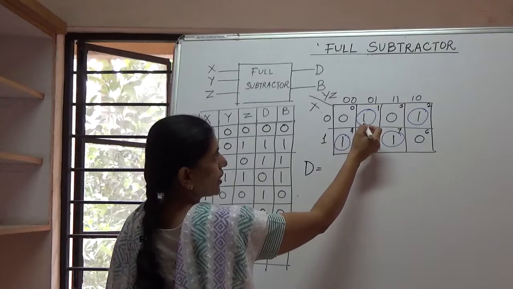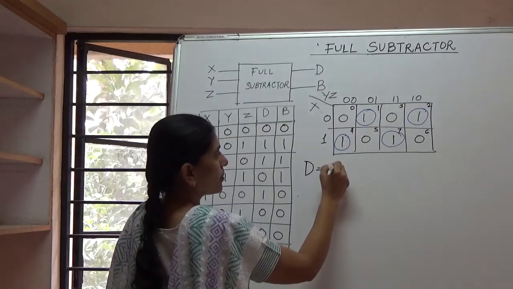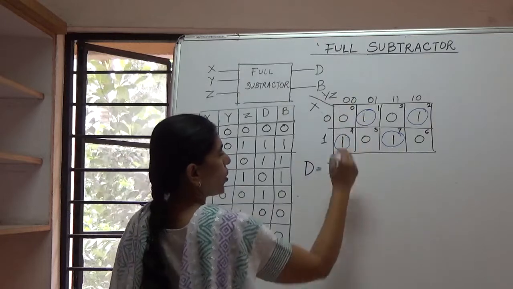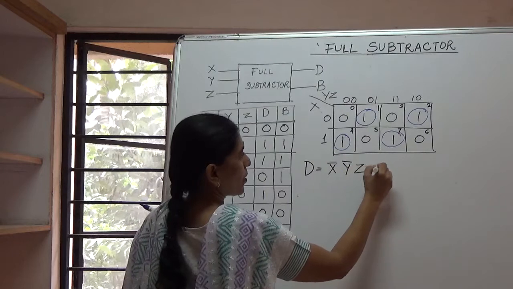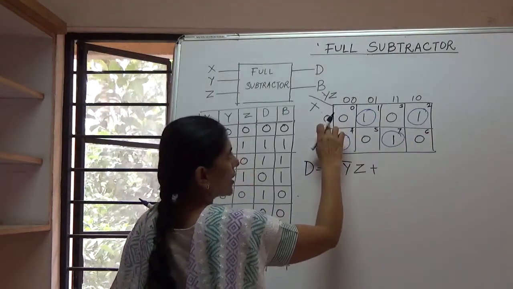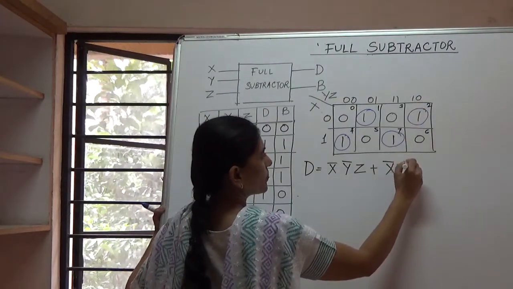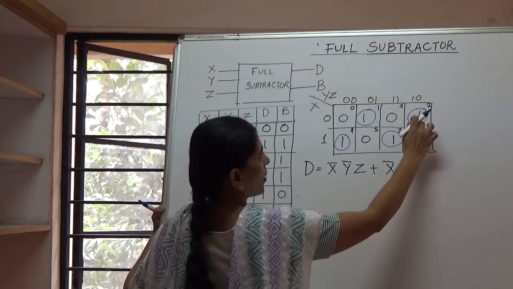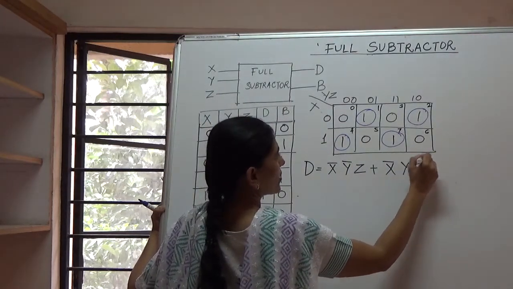So for this particular one, we can write this as x bar, because x is 0, y bar and z, plus for this one we can write x bar y z bar.